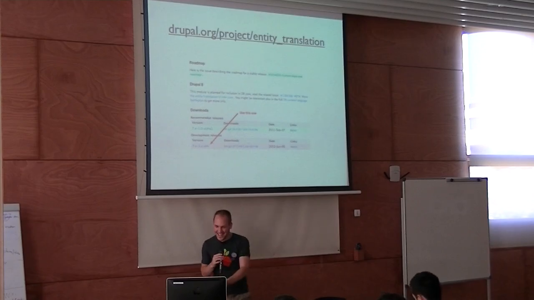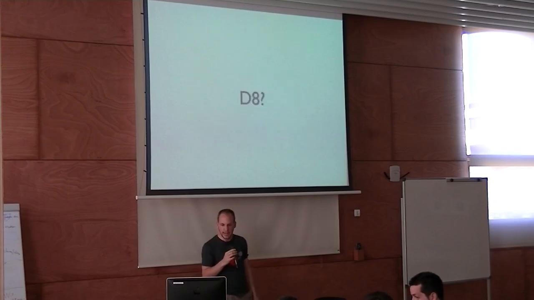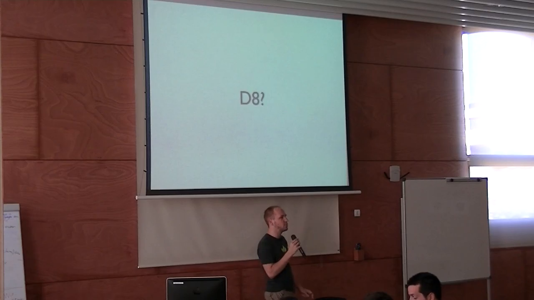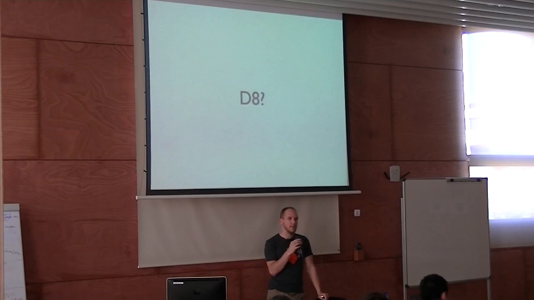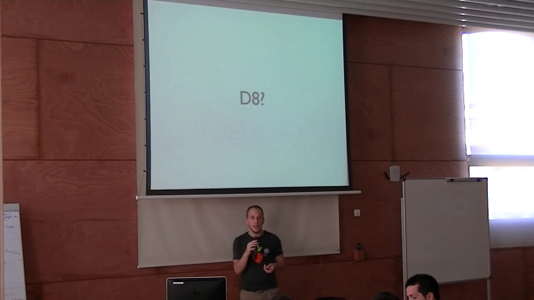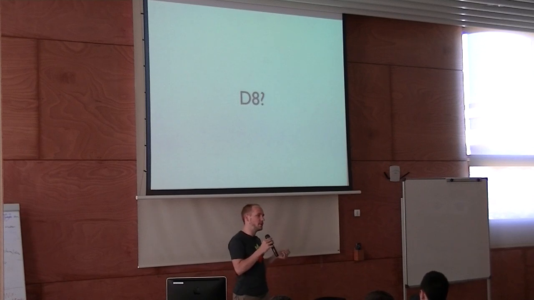Yay! And one of the questions that I hear a lot is, what's the plan for Drupal 8? There are a couple of things that we can take from this to put into Drupal 8. The goal is really to have a translation mechanism that is similar to this in Drupal 8.